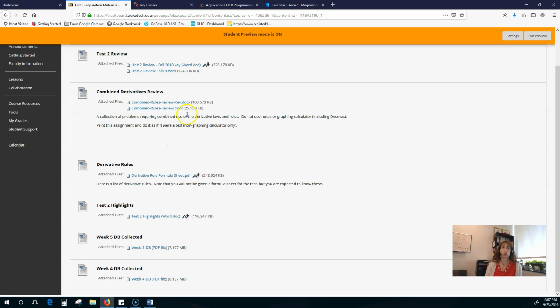So be able to do these. There's a derivative rules formula sheet, which again you can't take with you, but I'd like you to print it, memorize everything, make sure you have those down cold. The test 2 highlights is a Word document. I try to summarize all the stuff we've done and things that are important for the test or that people have problems with, or basically some of the stuff I'm saying in this video, but more.